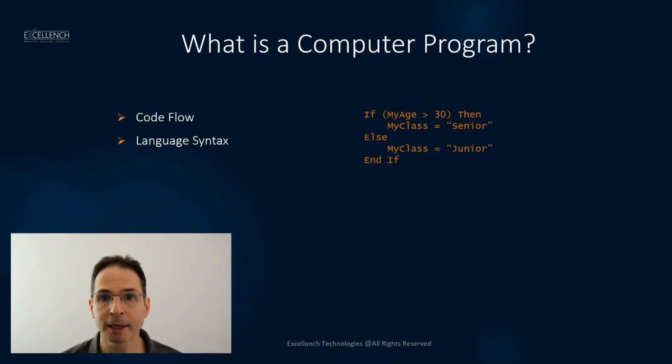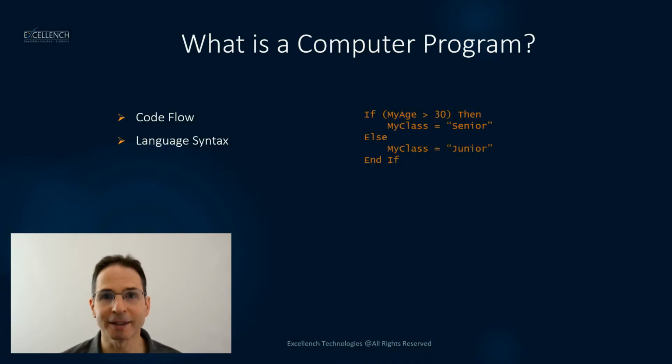That's the condition that I'm testing. If it is true, then I'm executing a block of code. In this case, it is assigning the label senior to another variable called my class. However, if my condition is false, I will be executing the else block, which is assigning the junior label into the my class variable in this case.